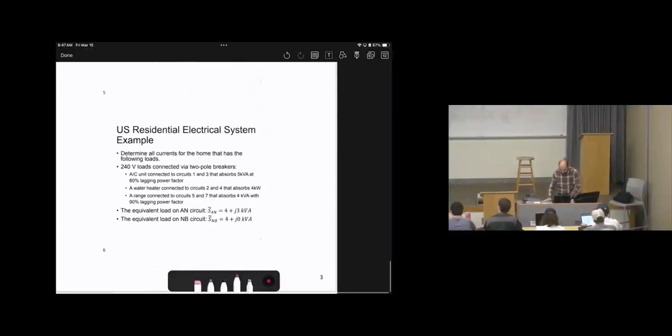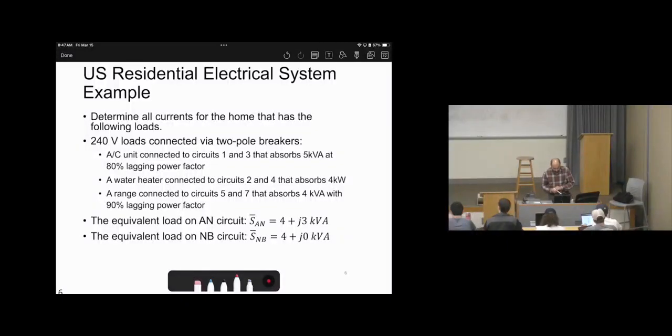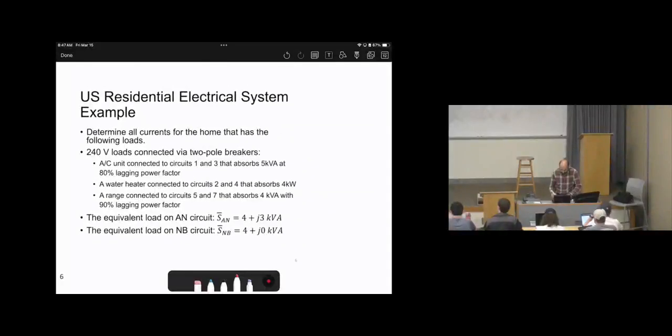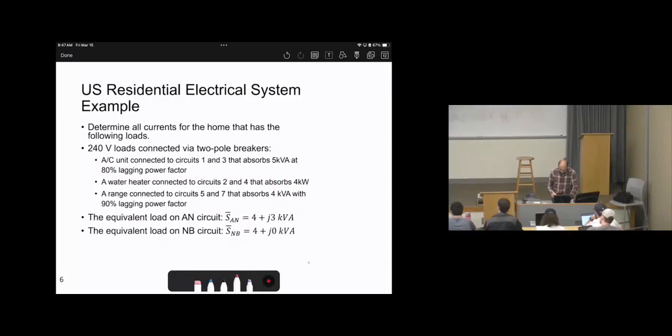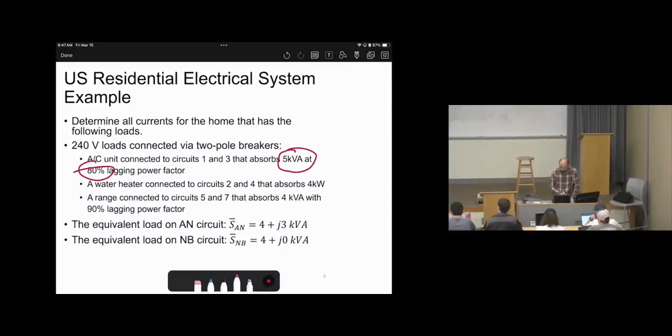Now here's an example of the overall connection. In that example, you need to know how to convert, just as an overall idea, this number to a complex number. If we have 5 kilovolt amperes, 80% lagging power factor, how can we convert this to a complex number?